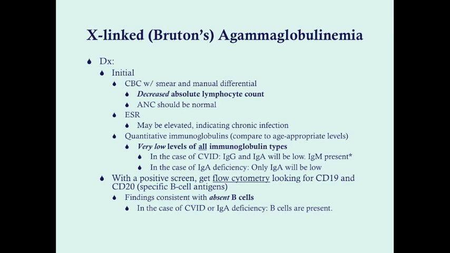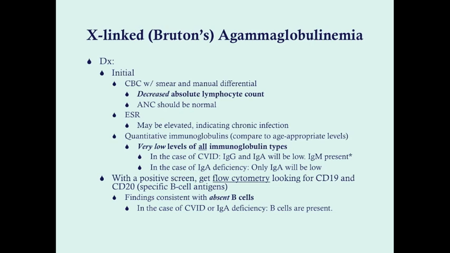So small babies will not make certain immunoglobulins in as much quantity as older children, as adults. And so you need to be aware of that anytime you're getting a quantitative immunoglobulin level, you have to compare it to age-appropriate levels. Now, that having been said, when you get labs, they're going to probably give you the age-appropriate level on there, and certainly on the test they will. But it's just something to know.